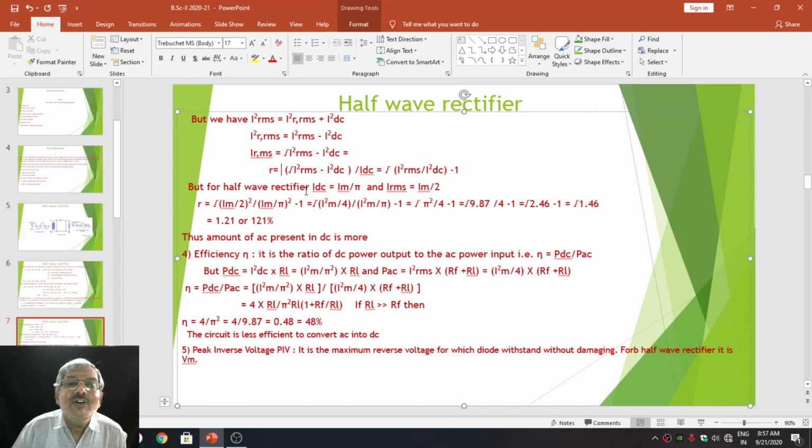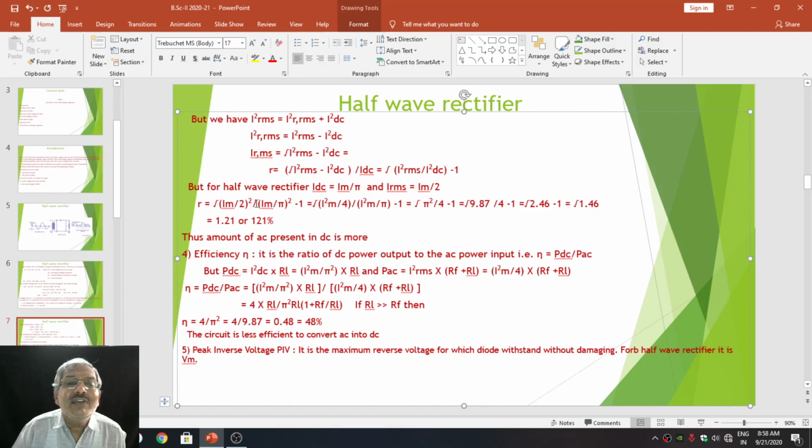So put the value of IDC equal to Im upon pi and IRMS equal to Im upon 2 in this equation, so as to get ripple factor equal to square root of (Im upon 2) whole square upon (Im upon pi) whole square minus 1.